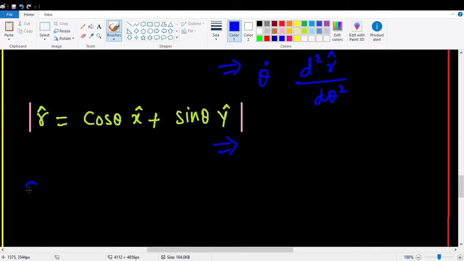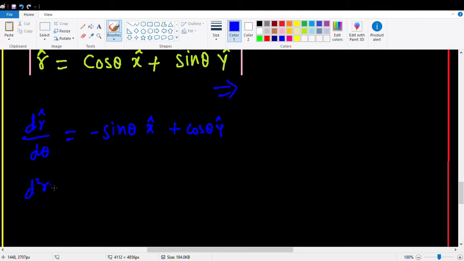So let's first differentiate with respect to theta, so it will produce theta hat, minus sin theta x hat plus cos theta y hat. And again let's differentiate once more: d2 r hat over d theta squared is going to give me minus cos theta x hat minus sin theta y hat. Now here you can analyze this is nothing but minus r hat.